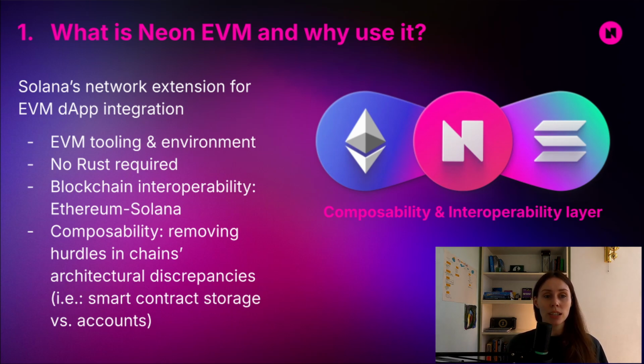Neon EVM enables Solidity and Vyper-based dApps to tap into Solana's network benefits, and you know all those benefits: low fees, high transaction speeds, and parallel execution capabilities. So from a developer's perspective, this means creating Solana-compatible contracts using tools you're familiar with from the Ethereum ecosystem.